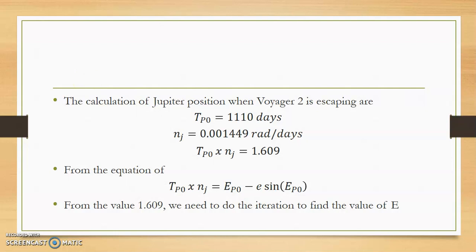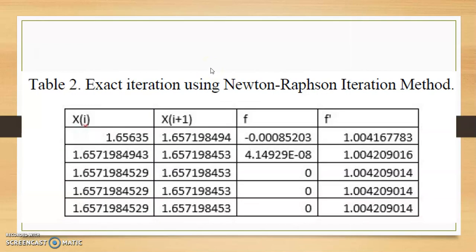If we can produce f equals 0, it means that EPO minus e sin EPO equals TPO times Ng. So the Newton-Raphson iteration method itself is xi plus 1 equals xi minus f divided by f prime.